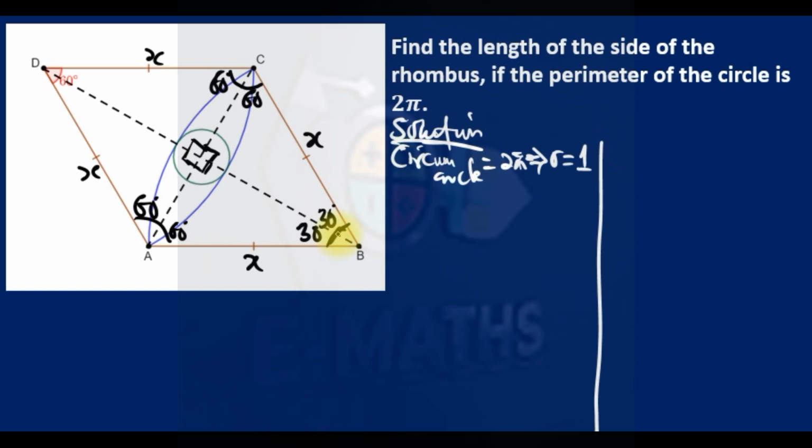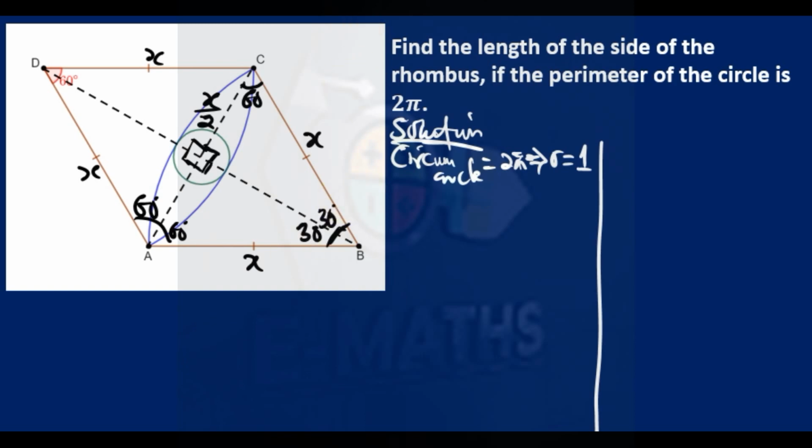So from here, using our 30, 60, 90 triangles theorem, since here is x, this one opposite this will be x over 2. Yes. Since the one opposite the hypotenuse is x, the one opposite 30 degrees, we'll call it the 30, 60, 90 triangle theorem.